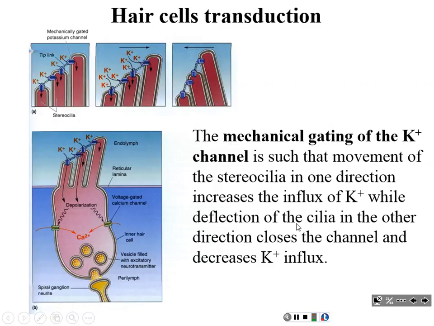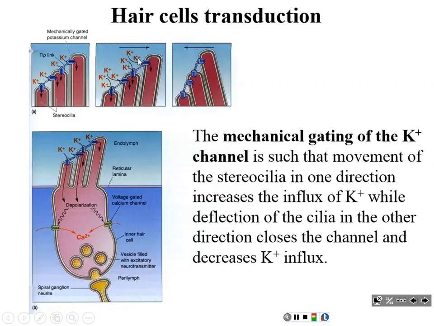Okay? And at rest, when there is no sound, and I'm using sound because that's the way I explained it before for the auditory system, there is potassium flowing in the cell. When the stereocilia move towards the higher stereocilium, those channels open even more, and there is an increase of influx of potassium.